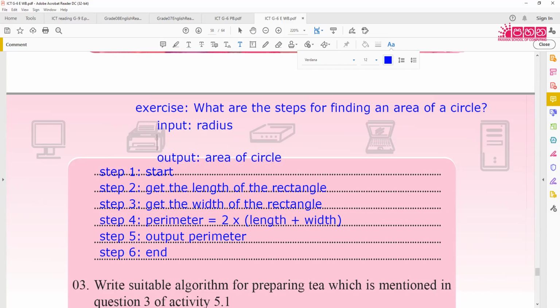Now, given radius, how do you find the area of a circle? Area is equal what? What is the equation? You learn this. I don't know whether you have learned this in mathematics.